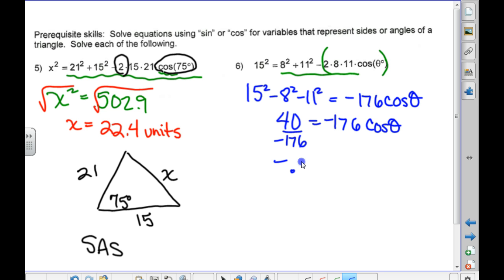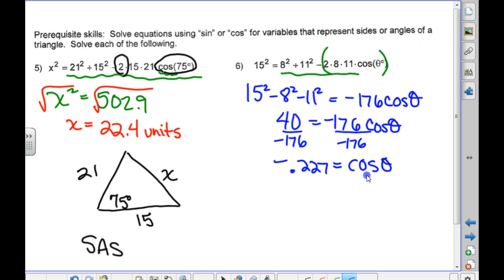Well, 40 divided by negative 176. I just want negative 0.227 or something, right? All right, if you want to leave that whole decimal on your calculator, or you could even do what?